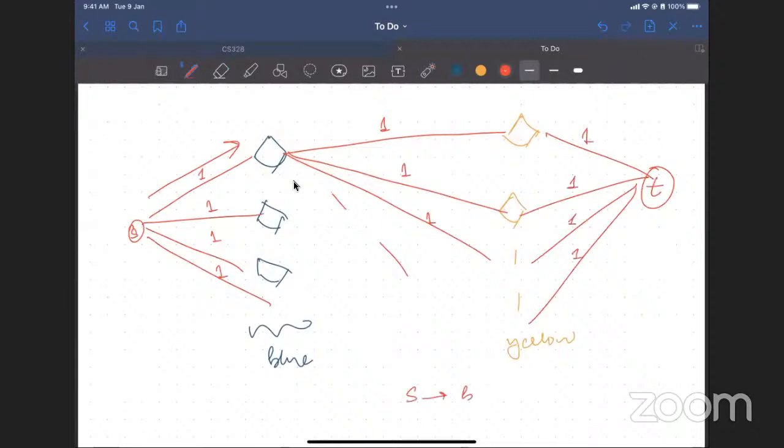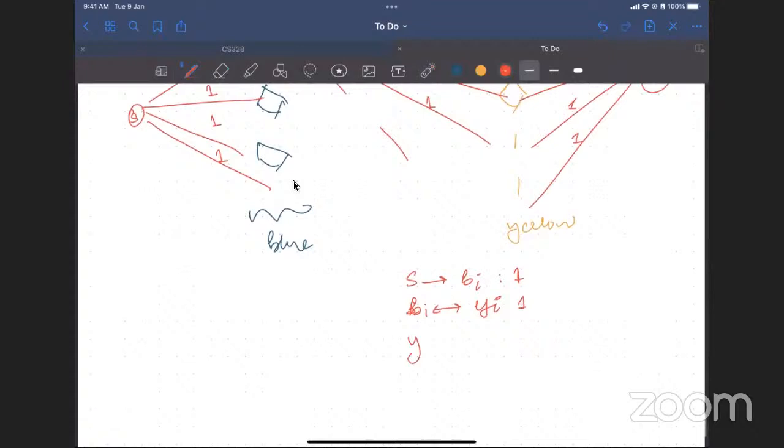So S to the blue vertices is 1, blue to yellow vertices are also 1, and yellow vertices to sink is also 1.